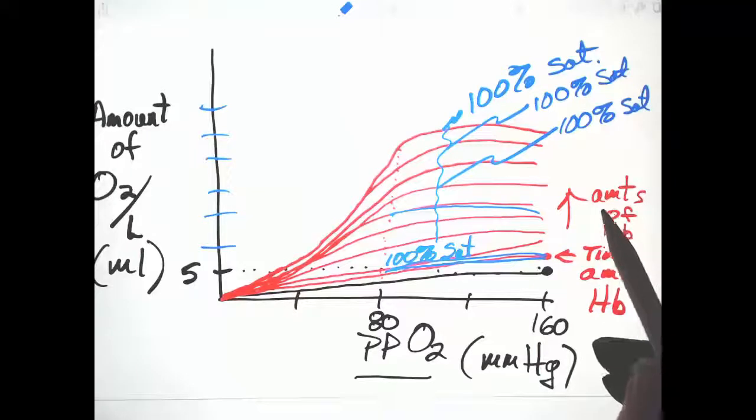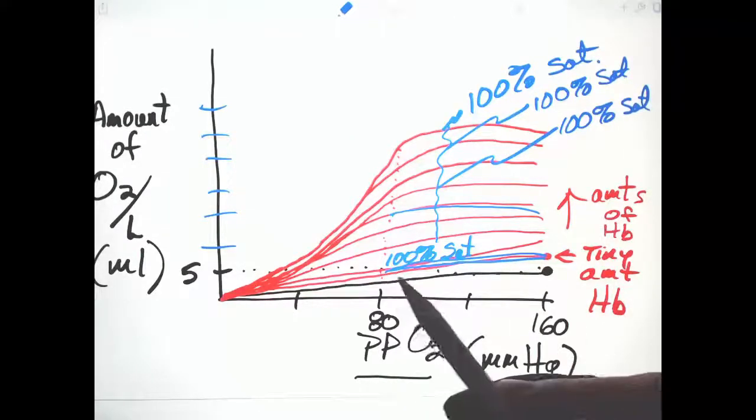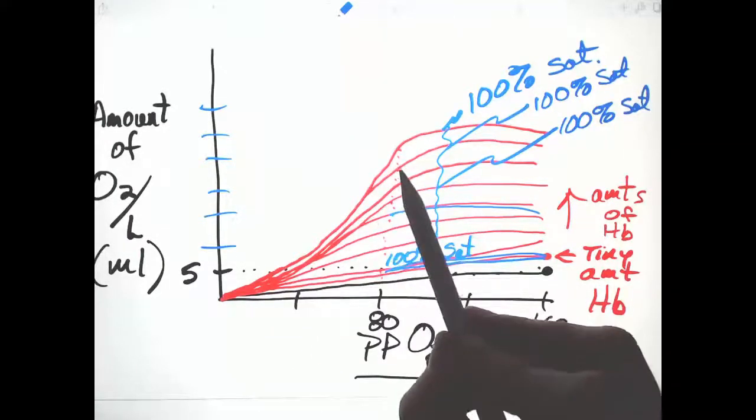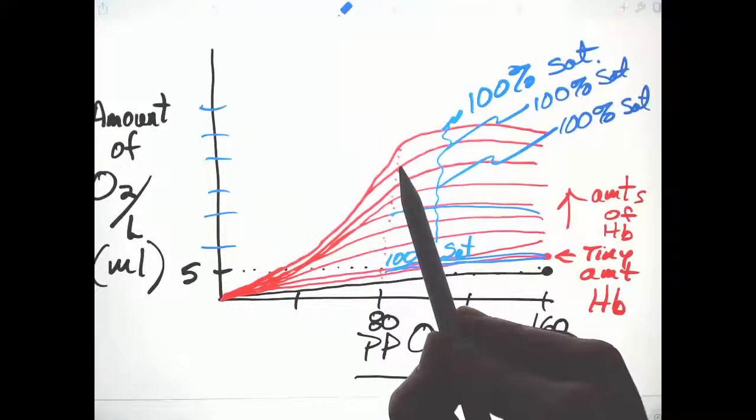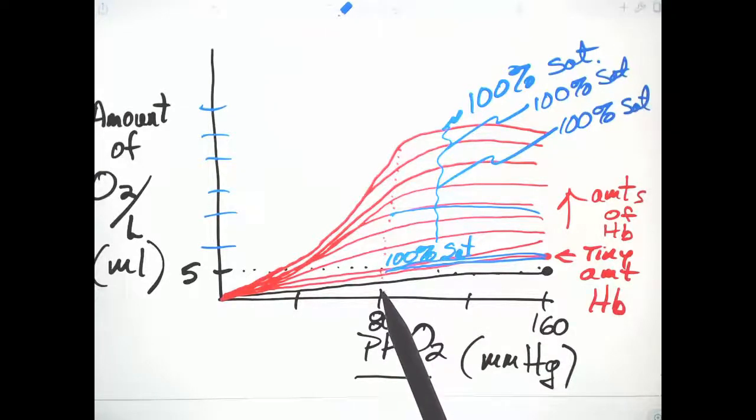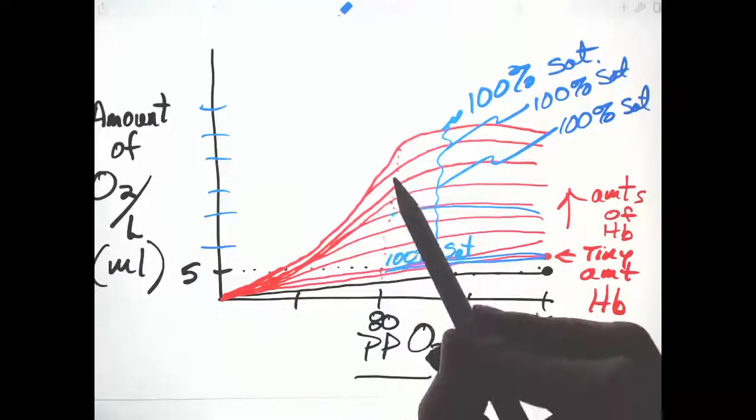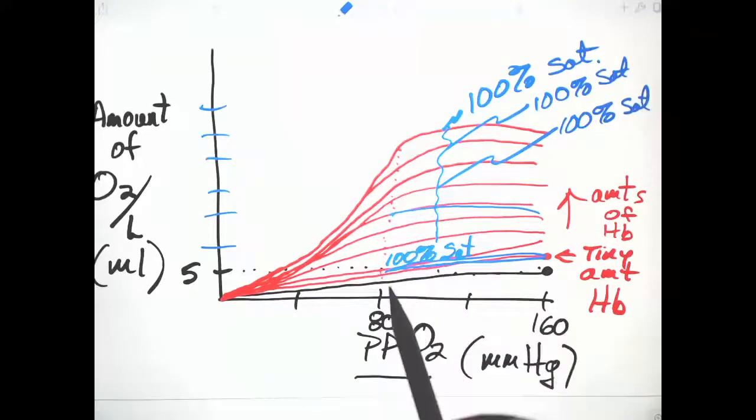For example, a human that was at sea level would have a certain amount of hemoglobin in the blood. Moving to high elevation would stimulate the production of more red blood cells and more hemoglobin. The hemoglobin molecules are exactly the same, so they'll have the same affinity curve with 100% saturation somewhere in the range of 80 to 100 millimeters of mercury.